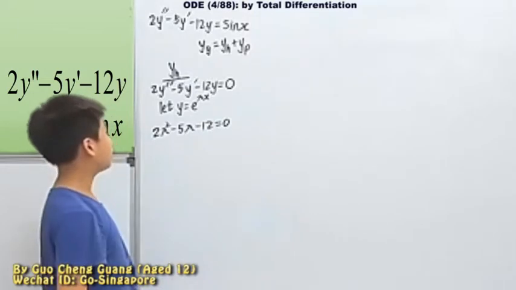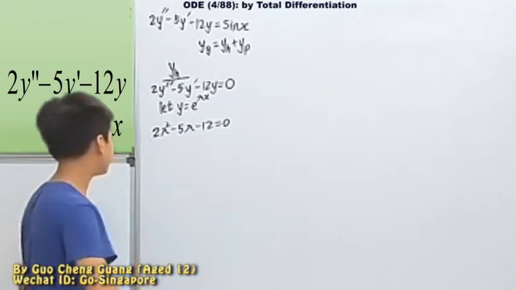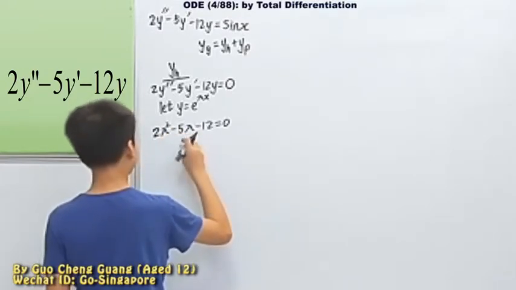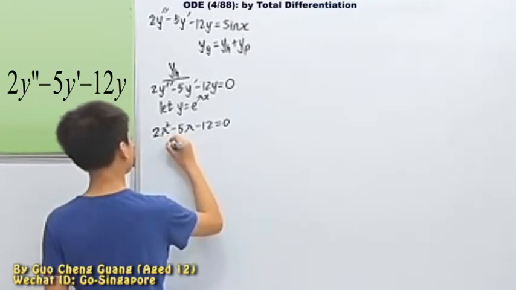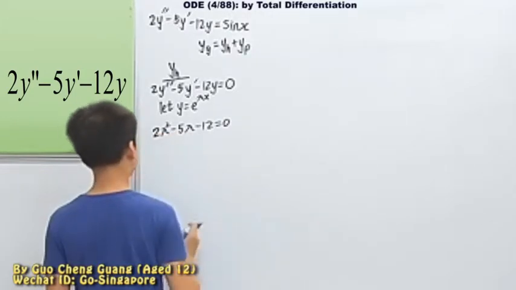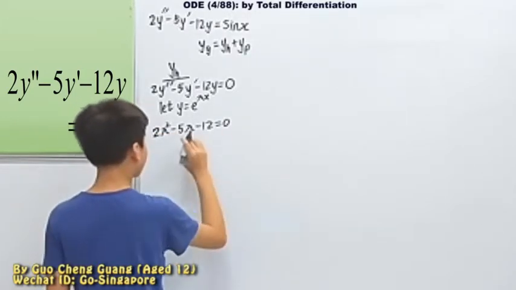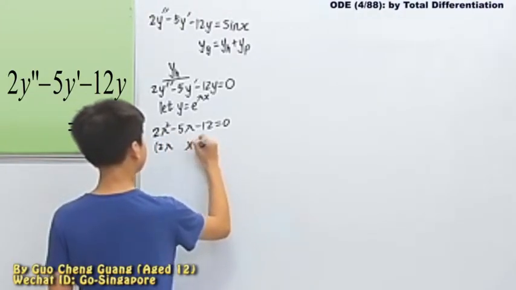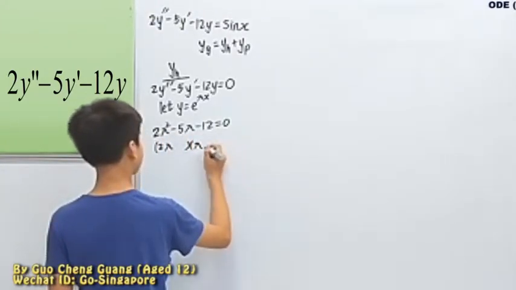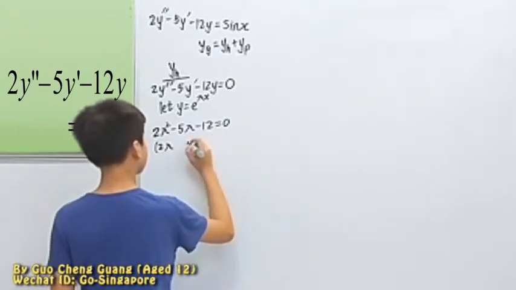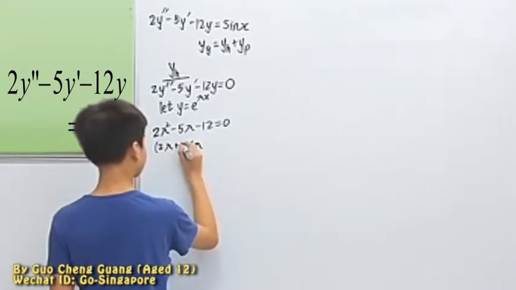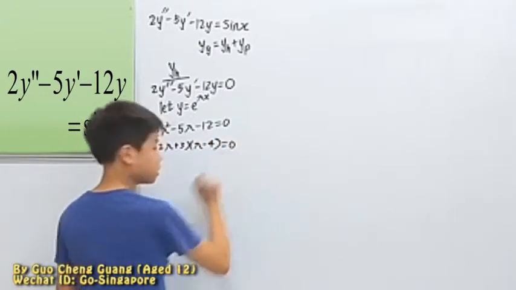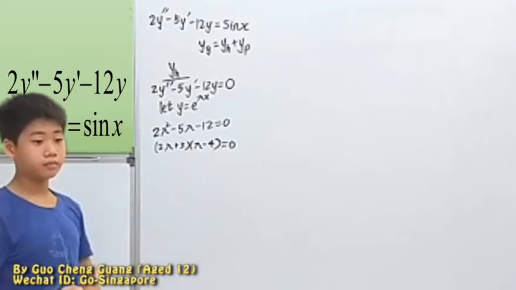Now we can find what this lambda is. To find this lambda, we can use cross multiplication. Okay, so we get this part.